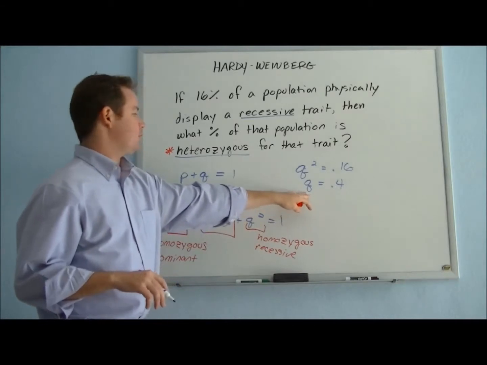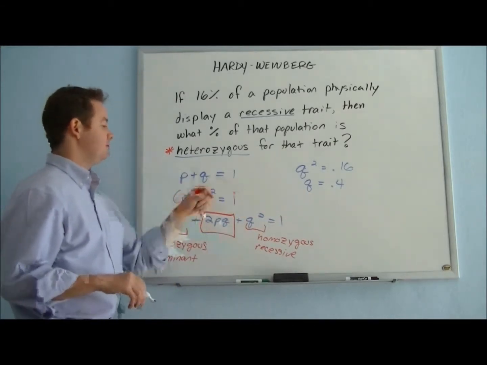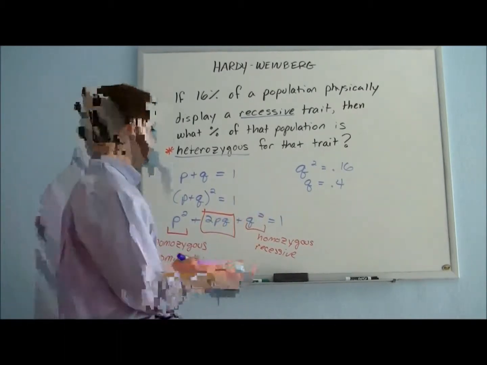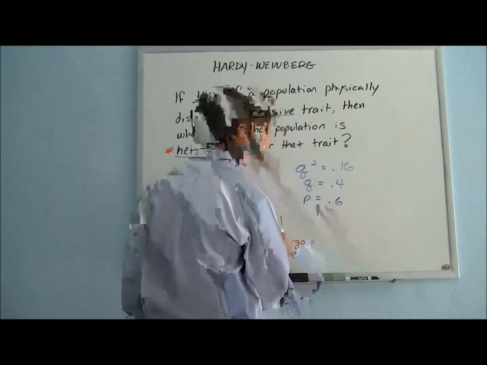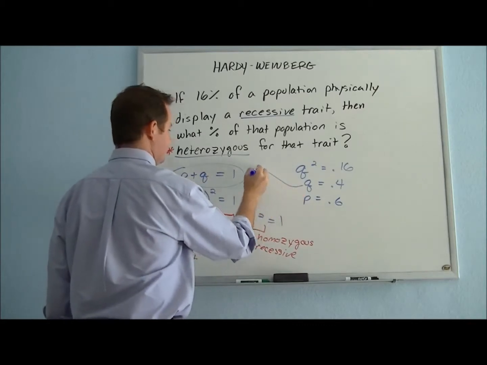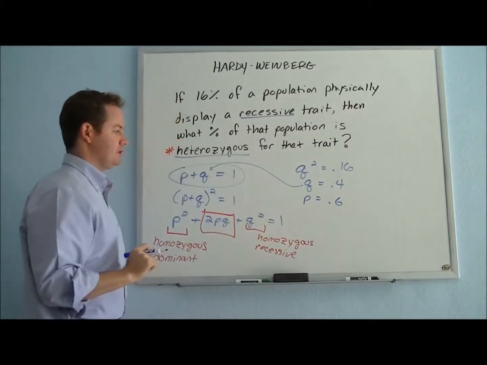So if Q is 0.4, now we can use this first Hardy-Weinberg equation, P plus Q must equal 1. When we plug Q in, we get P equals 0.6.